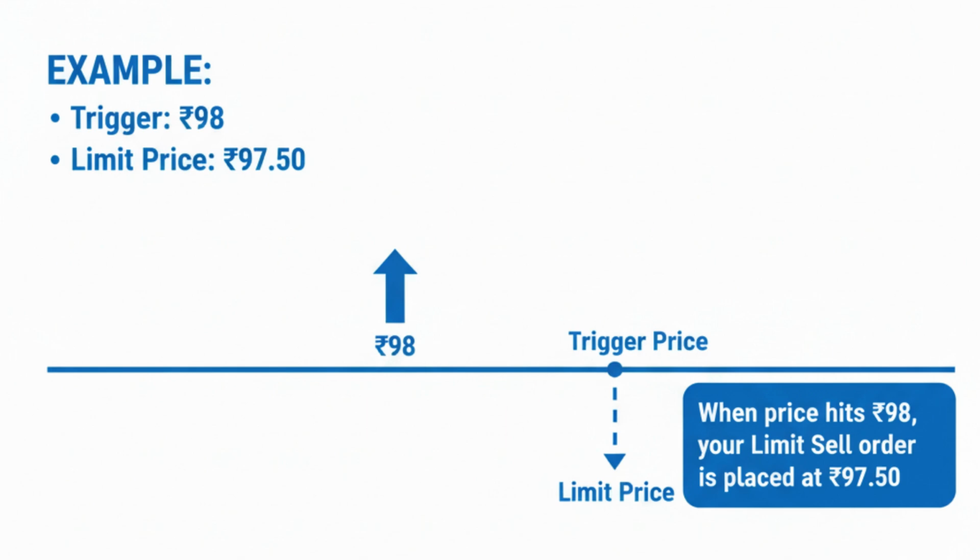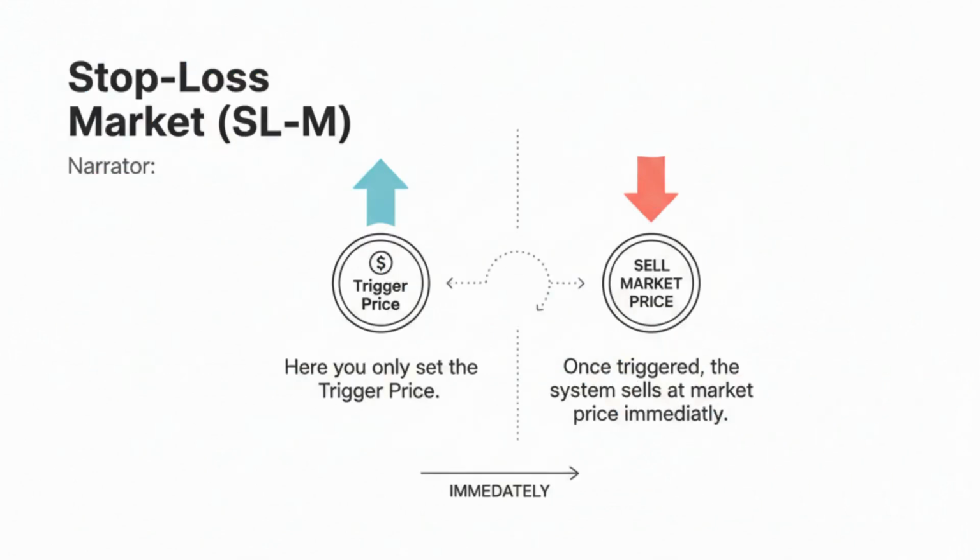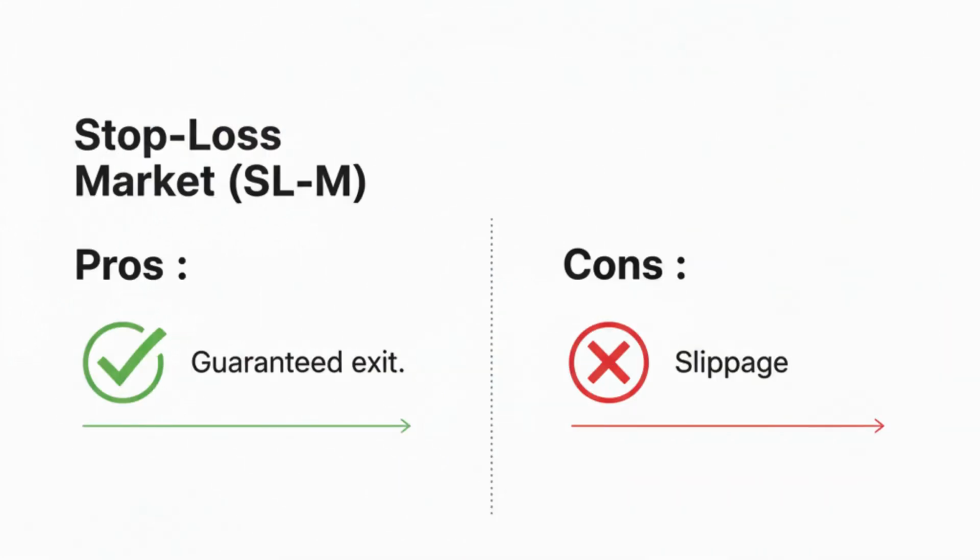Example: trigger 98 rupees, limit price 97 rupees and 50 paise. When price hits 98 rupees, your limit sell order is placed at 97 rupees and 50 paise. Stop loss market. Here you only set the trigger price. Once triggered, the system sells at market price immediately. Advantage: guaranteed exit. Risk: slippage.